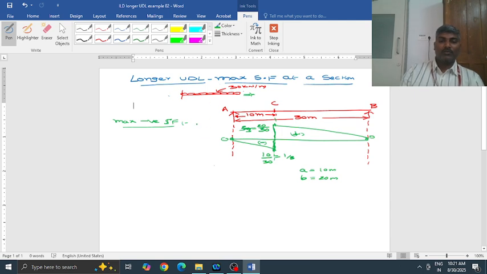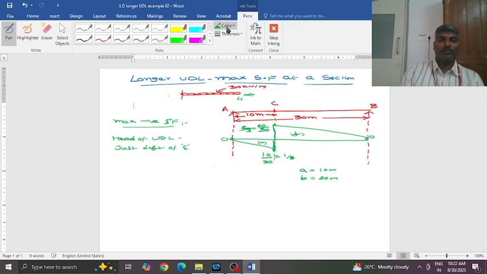If this UDL is traveling from left to right, this we call the head. The head of the UDL shall be just left of section C, just left of C.